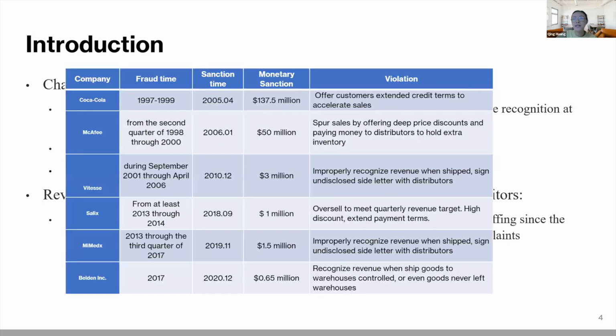You can see from this table, a lot of companies were fined a huge amount of money because of this channel stuffing. Like they offer their customers extended credit terms or a discount or extended return payment or something like that to accelerate the revenues.